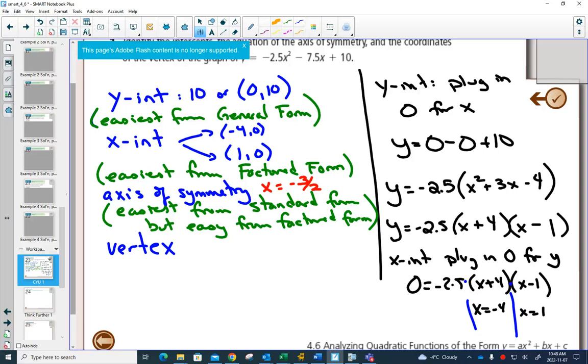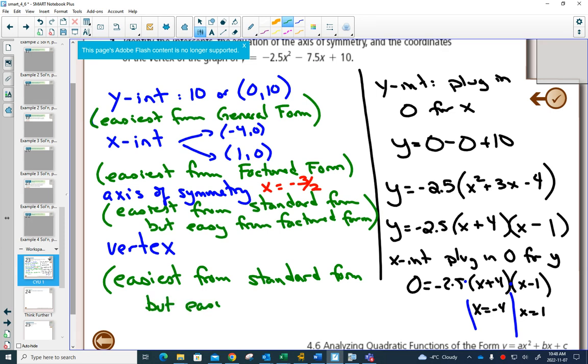And then the same thing with the vertex. The vertex is definitely easiest from the standard form. But it is easy from the factored form as well.